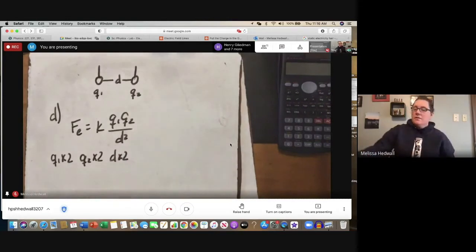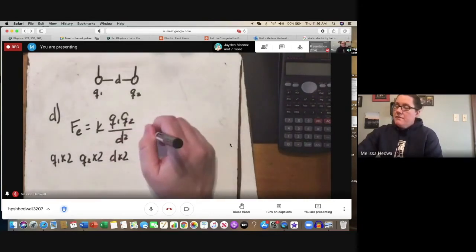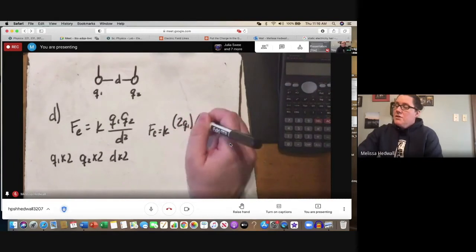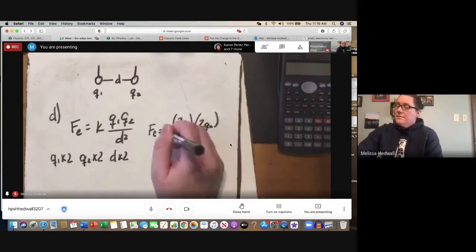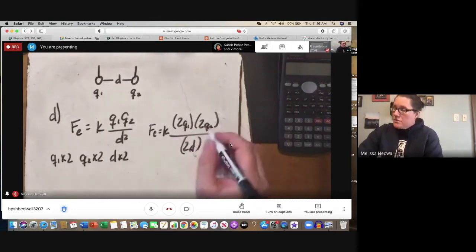Everything that we have here will double. K is a constant, so it's not going to double, but the rest of our variables will. So we have Fe equals K, 2Q1, 2Q2, 2D, and we'll square that whole thing.